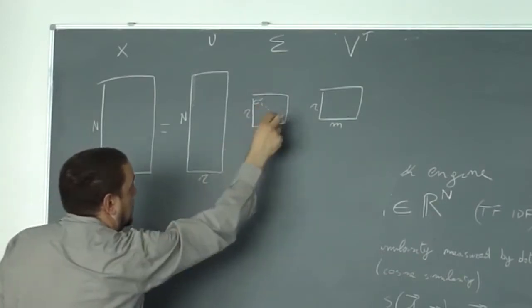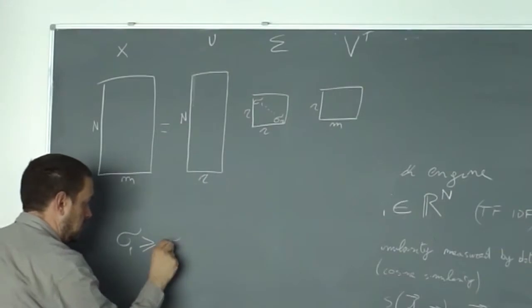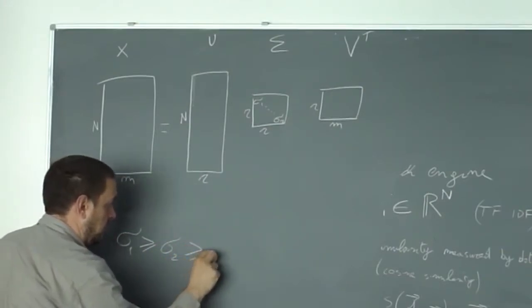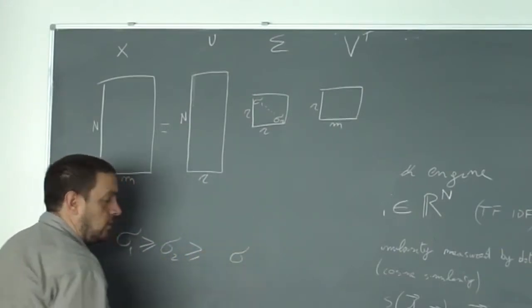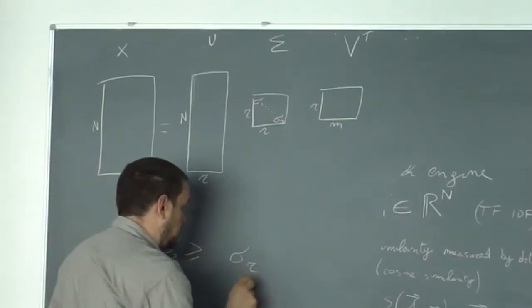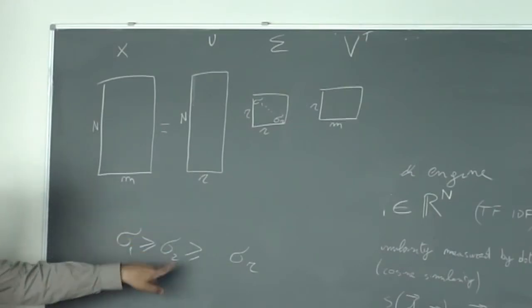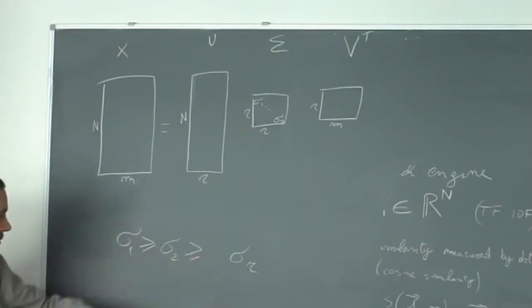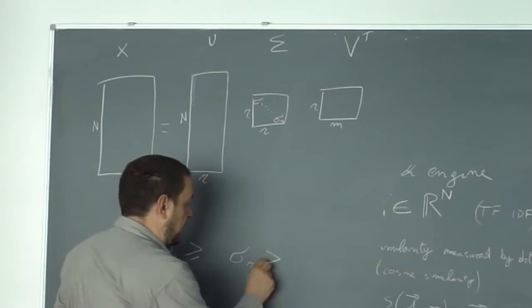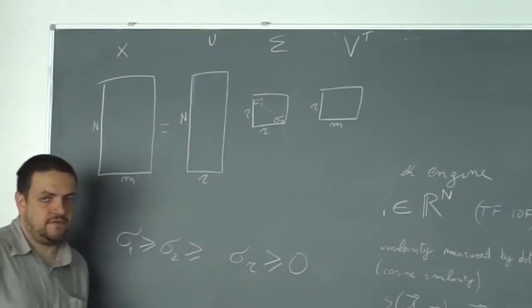Okay, but here, do you remember that we put all the eigenvalues so that they were in order of magnitude. Sigma 1 larger or equal to sigma 2 and so on until the last sigma r, and all positive.